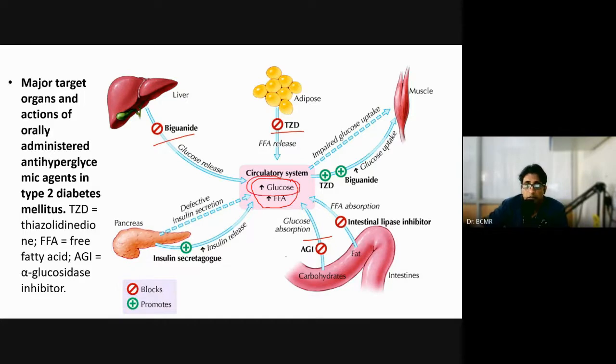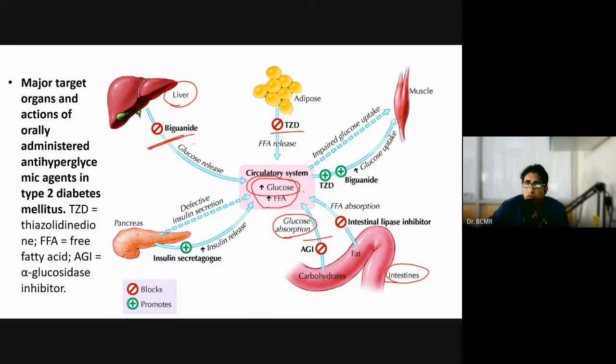Where does blood glucose come from? It comes from the intestine by absorption. Here we reduce the absorption so that blood glucose doesn't increase. We can also reduce the glucose release from the liver, which stores it in the form of glycogen. That is another way.